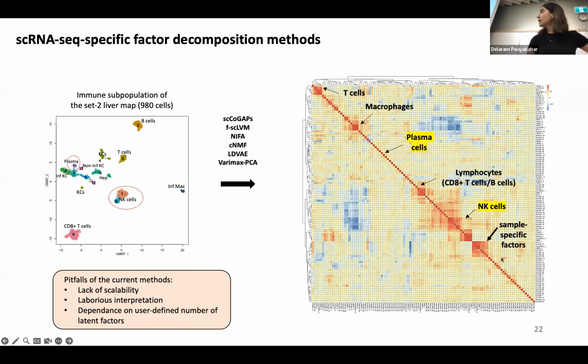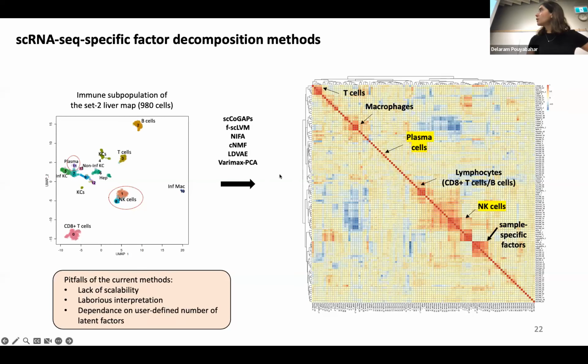So X and Y labels are the same, and each line represents one of these learned factors for one of these different methods. You can see that the majority of the prominent cell type identity factors have been captured by all of these methods.